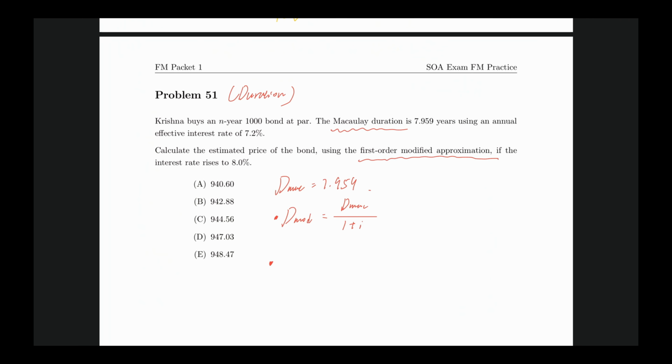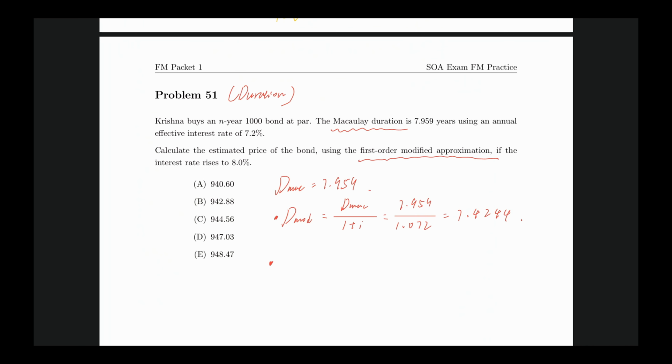Since we know the Macaulay duration already, this equals 7.959 over 1 plus i, so 1.072. And this is going to be 7.4244.